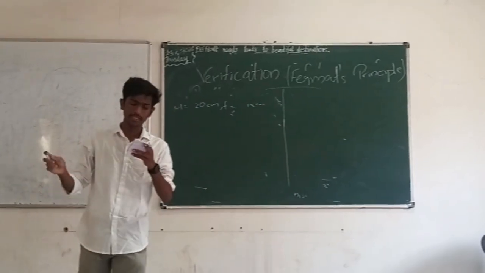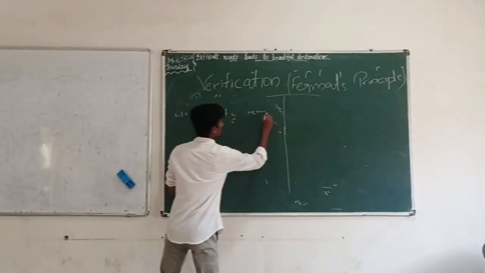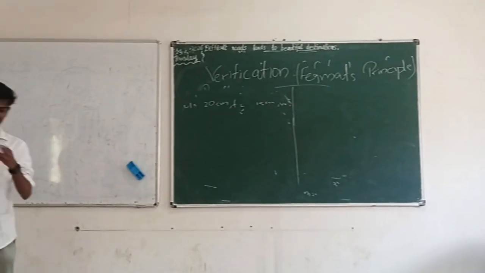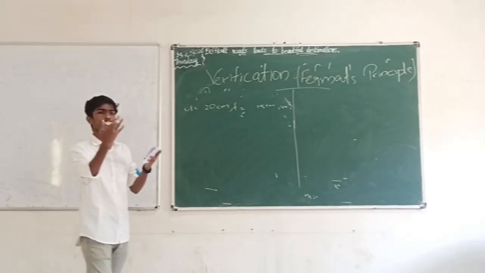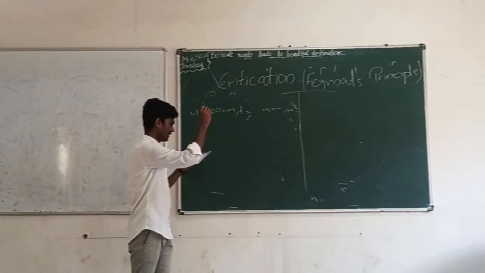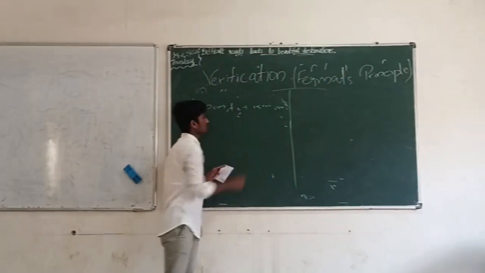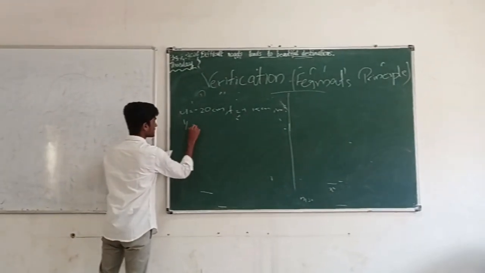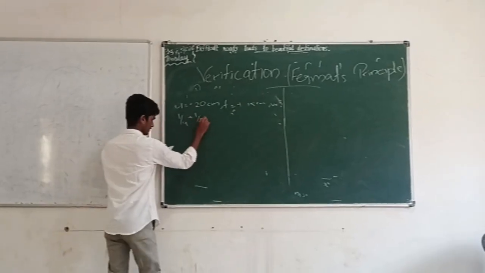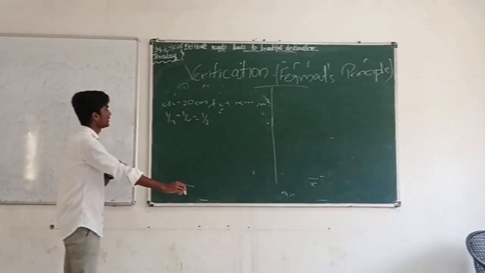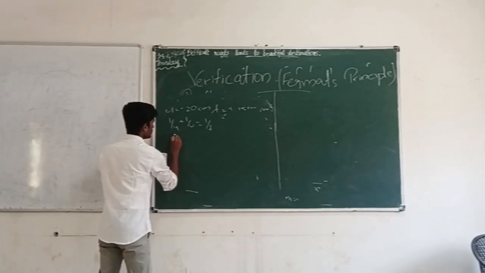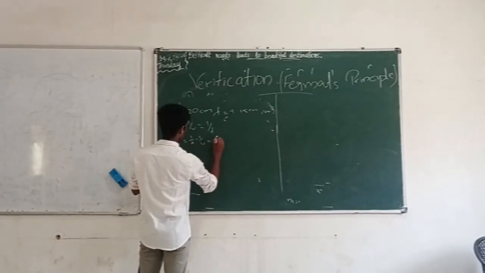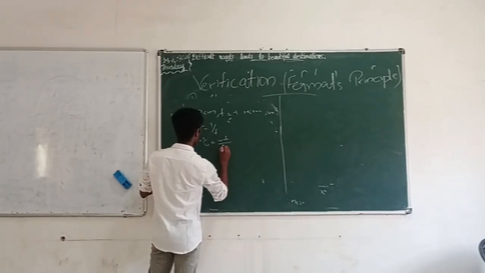We need to find the position of the image. We know the sign convention. In a convex mirror, u will be taken as negative and focal length will be taken as positive. We need to find v. We know the formula 1 by u plus 1 by v is equal to 1 by f. So 1 by v is equal to 1 by f minus 1 by u, or u minus f by uf.